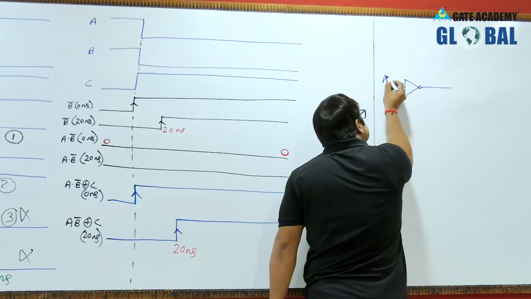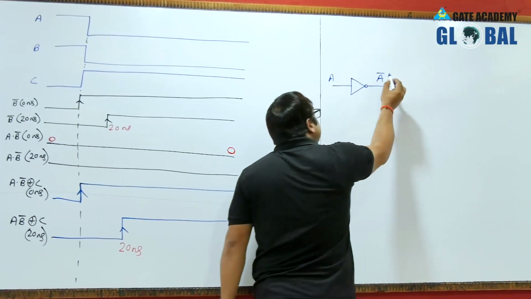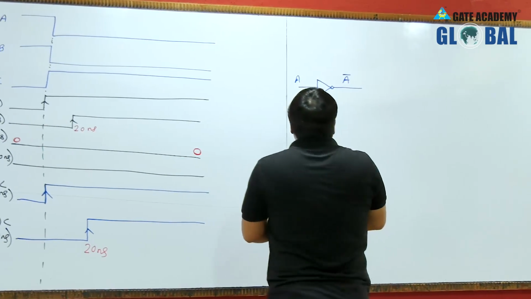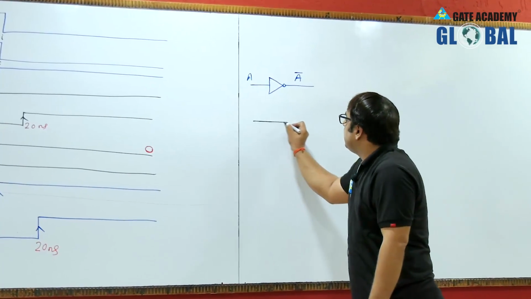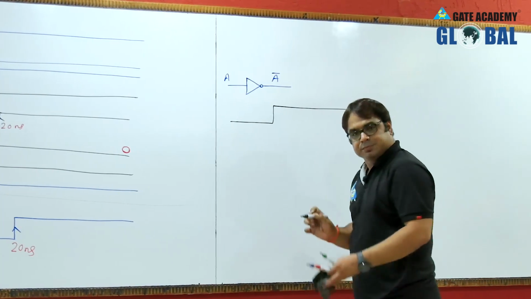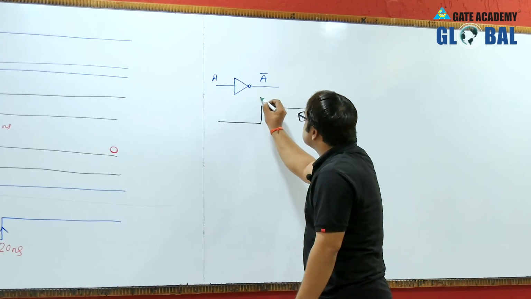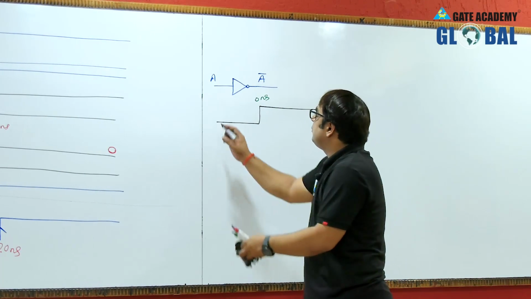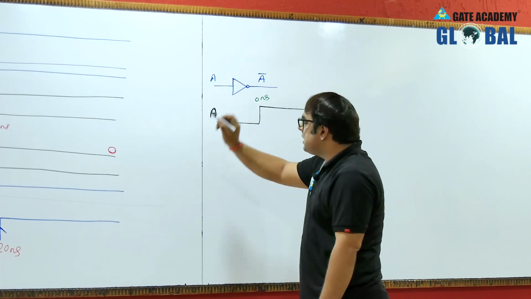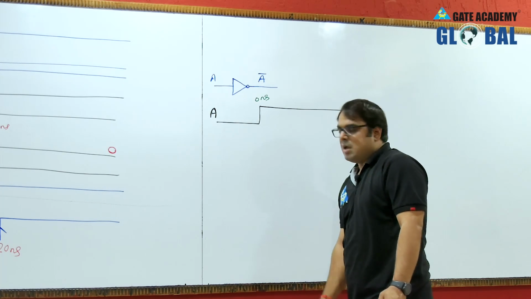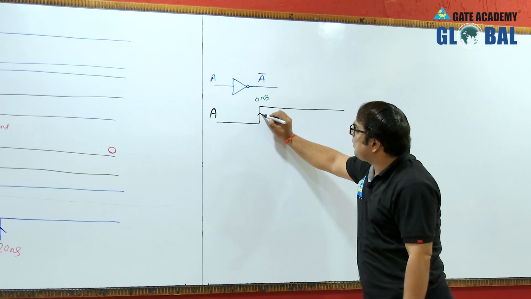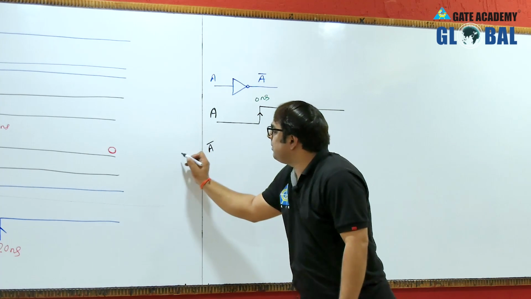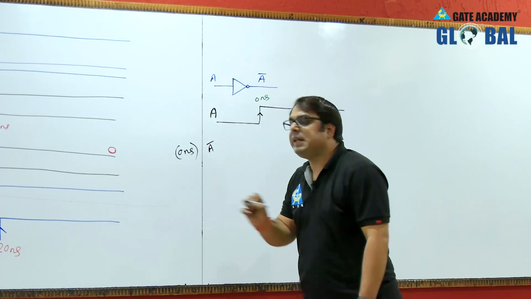So let's say this is A and output of NOT gate is A complement. I am making a change in the waveform of A. Let us consider this is 0 nanosecond, where I am making this change in the waveform of logic A. So what will be the waveform of A complement, assuming there is no delay?